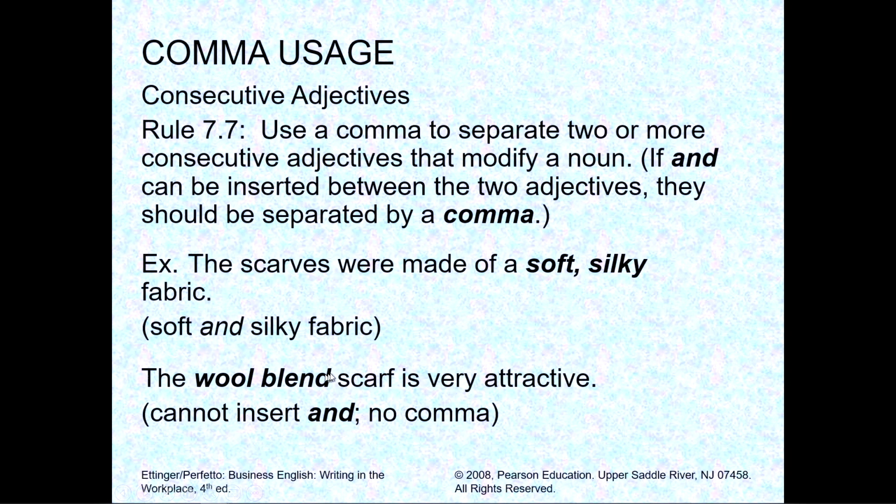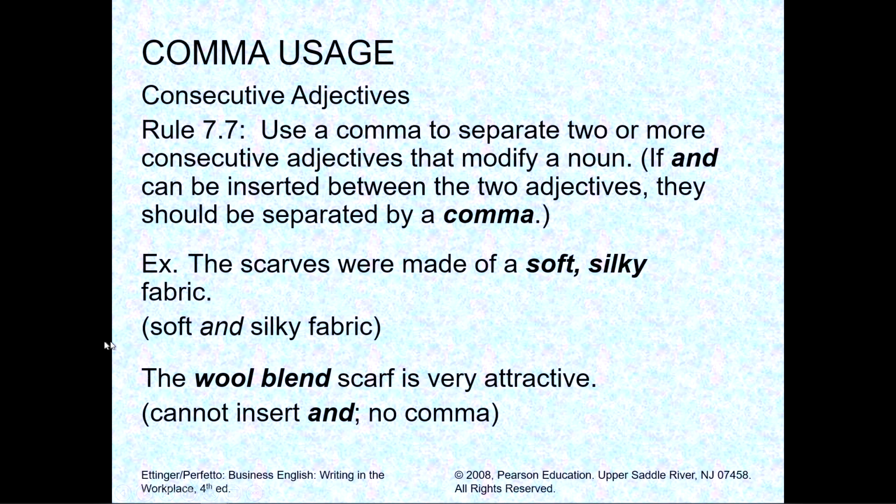So the wool blend scarf is very attractive. Cannot insert and, no comma, right? So here, when there are two, you do not need a comma. If there are more than two, then you would need a comma, right? Okay, it says they should be separated, but it's not essential.